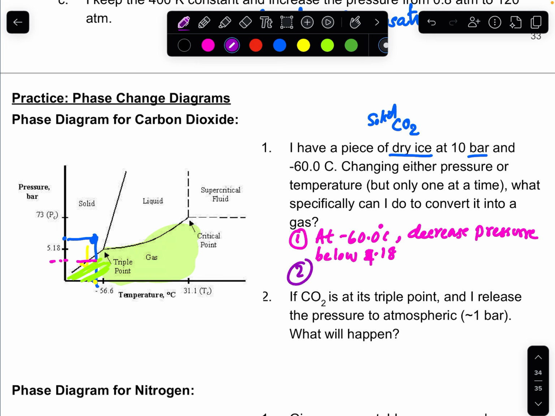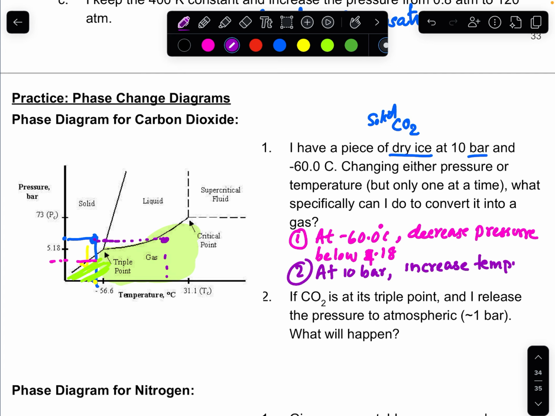We will keep the pressure constant, and you can increase the temperature, right? Then we can reach here. Okay, second one: at 10 bar pressure, increase the temperature. That means you will move towards the right. The temperature is almost somewhere here, which is, this is 31, right?